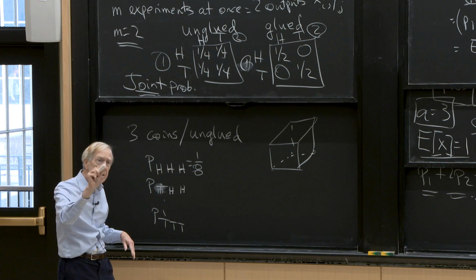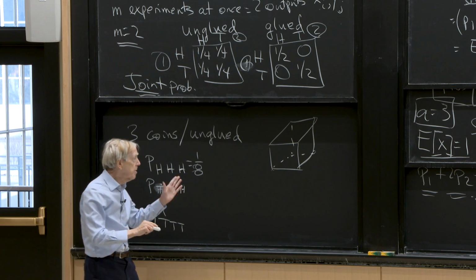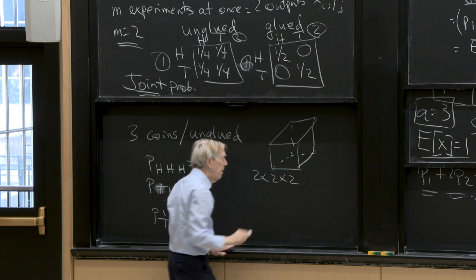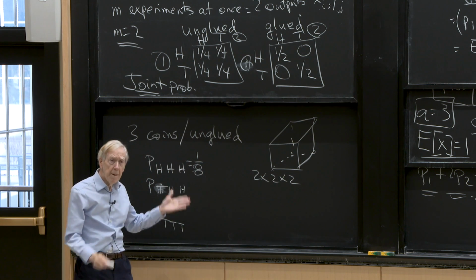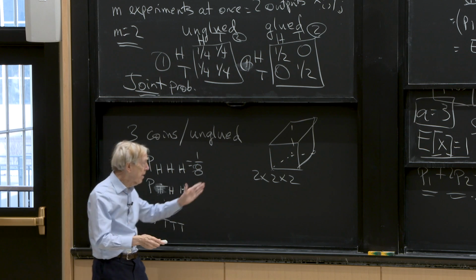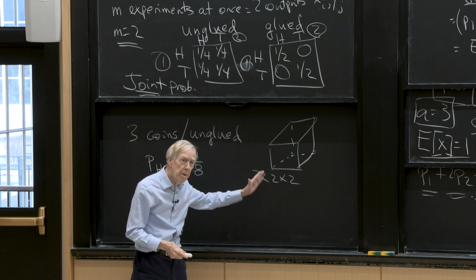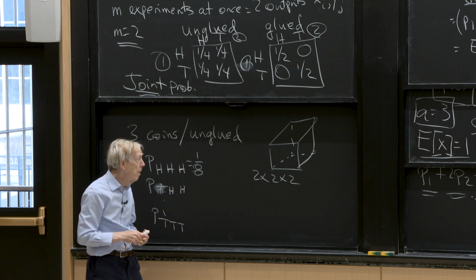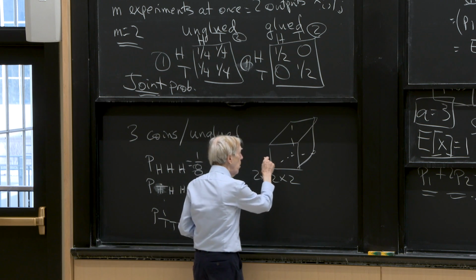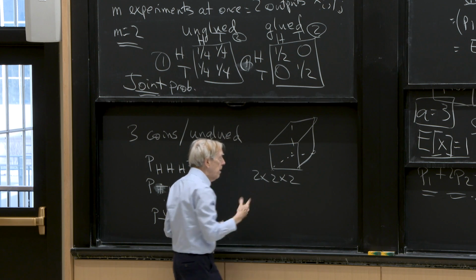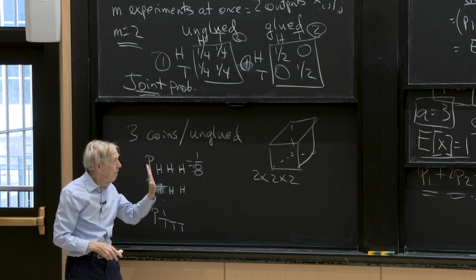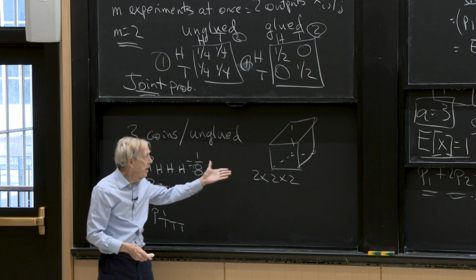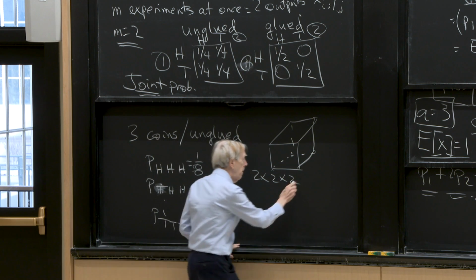And it's 2 by 2 by 2. Instead of m by n for a matrix, I have to give you the number of rows, the number of columns, and the number of layers going into the board. So rows going one way, columns, and then layers are going in deep. So it will have 8 entries.